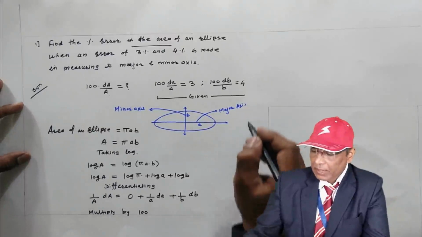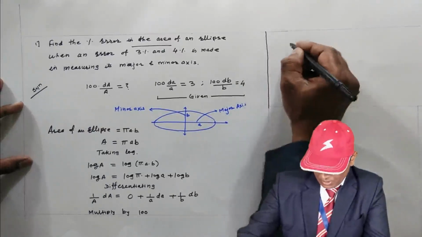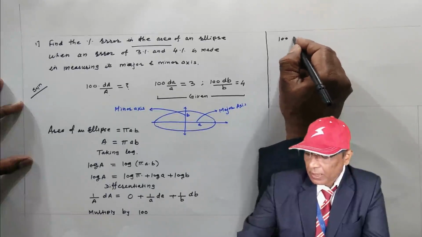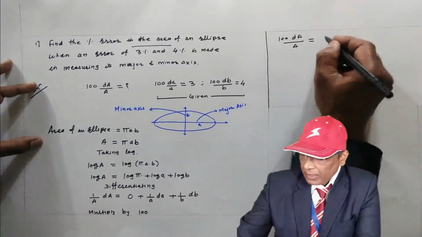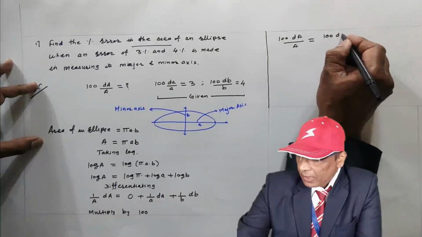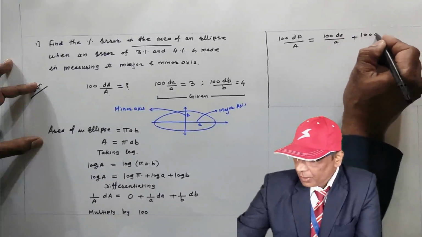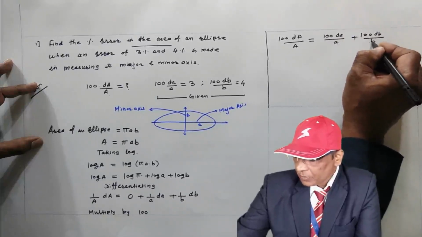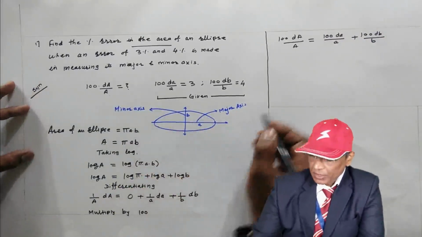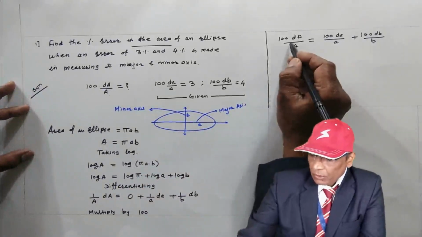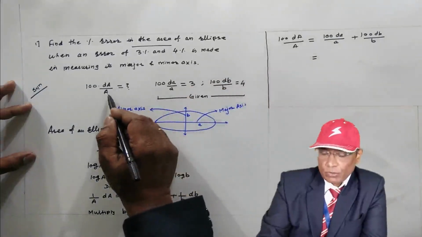If you multiply each term by 100, what will you get? 100 dA by A equals 100 da by a plus 100 db by b. It's simple, simply multiply this equation by 100, that's all. Now this is the percentage error in the area of an ellipse, which I want to find out.